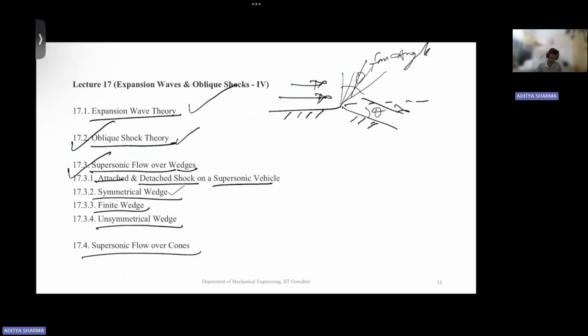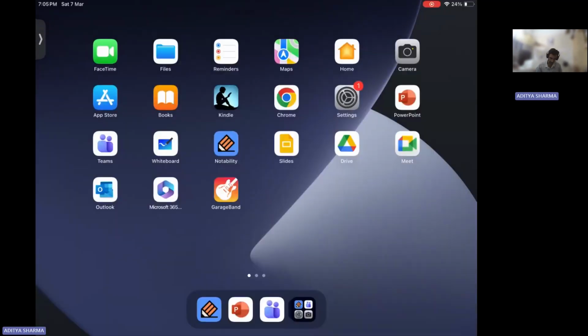So this is your symmetric wedge. Then there is the finite wedge. So what happens in your finite wedge?